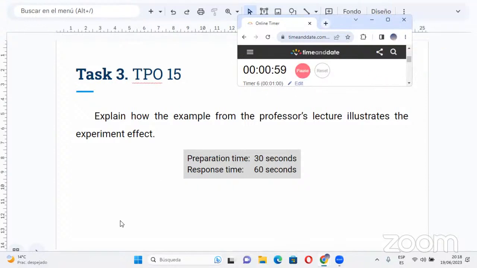Okay. According to the passage, experiment effect occurs when researchers' expectations affect the outcome of the experiment. In the lecture, the professor gives the example of two groups of monkeys. And in this experiment, they say to a professor that he has to teach these groups of monkeys to pick a ball and put it into a box.